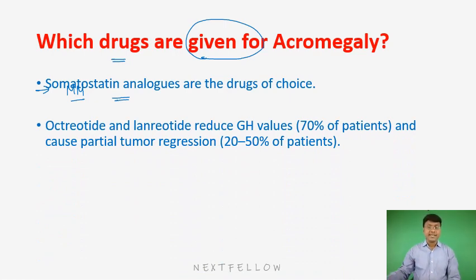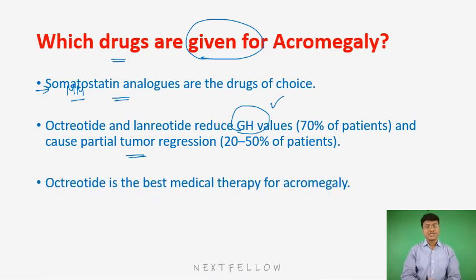These somatostatin analogs reduce the growth hormone levels, right? And they also cause tumor suppression, which ones? The octreotide as well as the lanreotide. Next, among octreotide and lanreotide, octreotide is the best medical therapy for acromegaly.